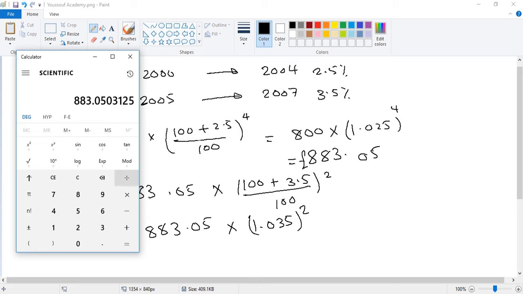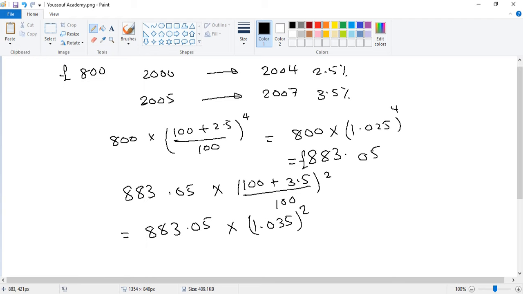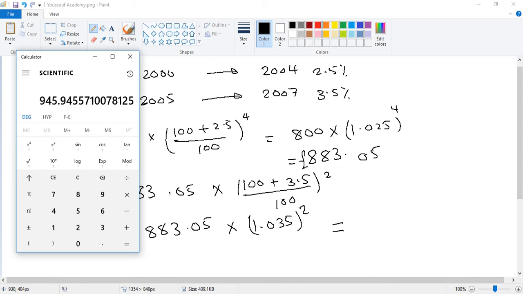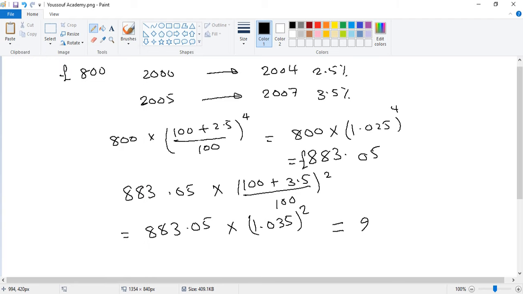We have this amount of money here, times 1.035 squared, and the answer will be 945.95 pounds.